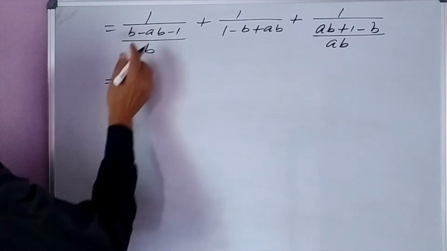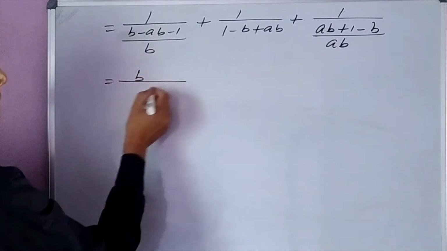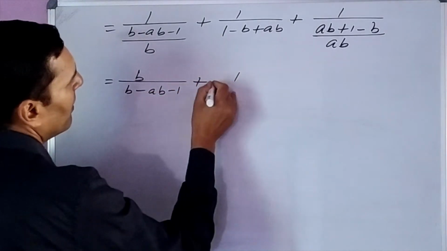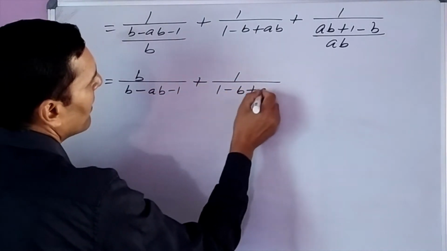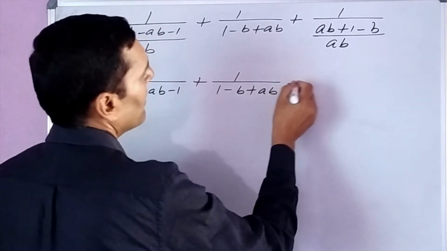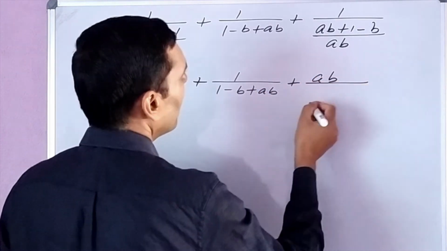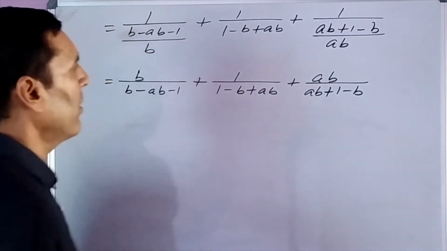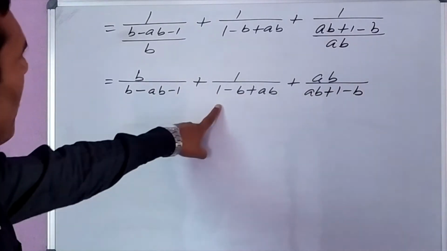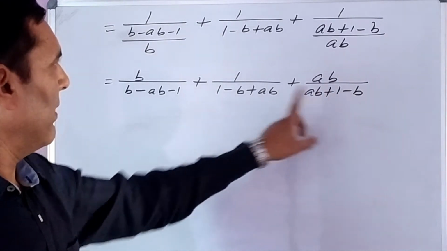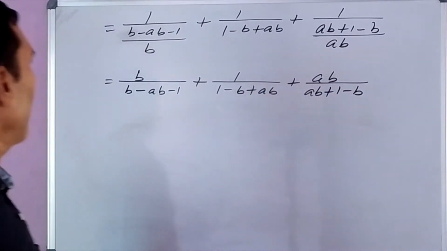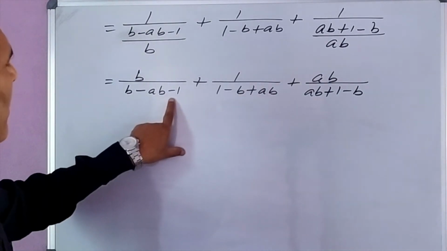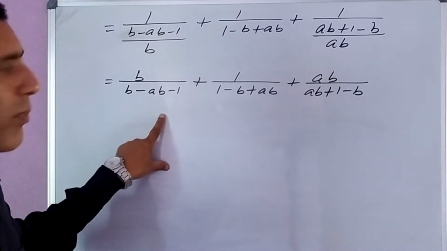Now by reversing this, b goes up, this b upon b minus ab minus 1, it is 1 upon 1 minus b plus ab, and this ab goes up, ab upon ab plus 1 minus b. Now compare the denominators. 1 minus b plus ab, the second and third denominators are the same, but in the first denominator, b minus ab minus 1, the signs are just opposite.